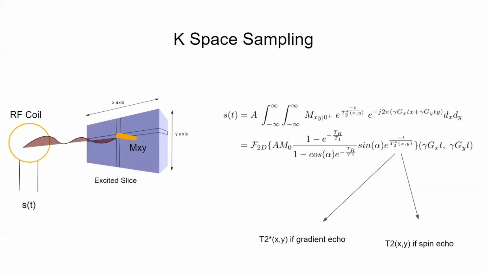Okay, so in order to form the image, we have to sample from k-space, and how we do this is illustrated in the left part. There is an RF coil, and the signals coming from the x and y points are accumulated at the coil. On the right-hand side, you see the equation for this. It is the double integral of the magnitude of the magnetization at that x and y point, and some e to the power values.